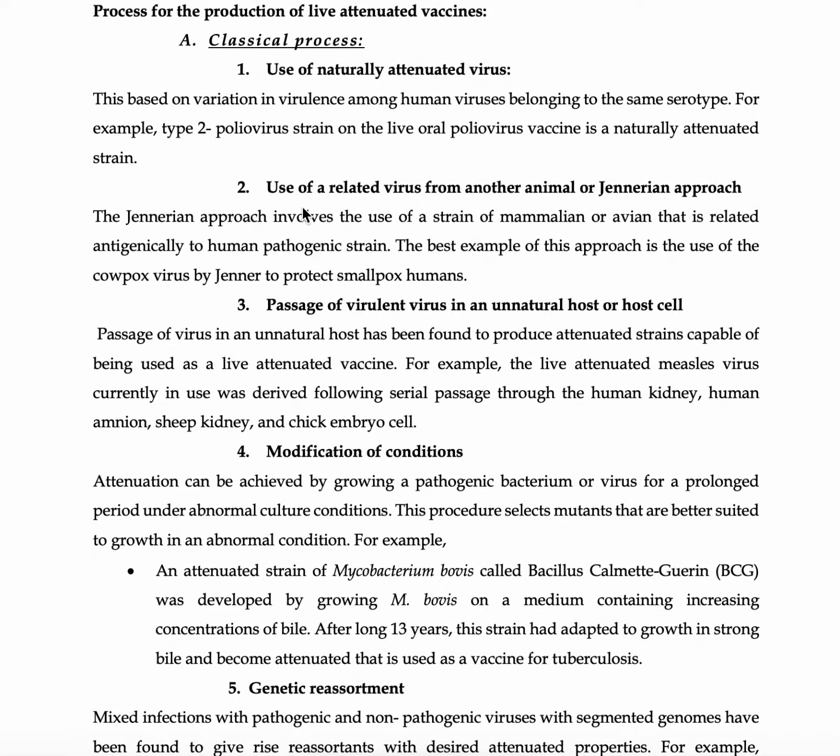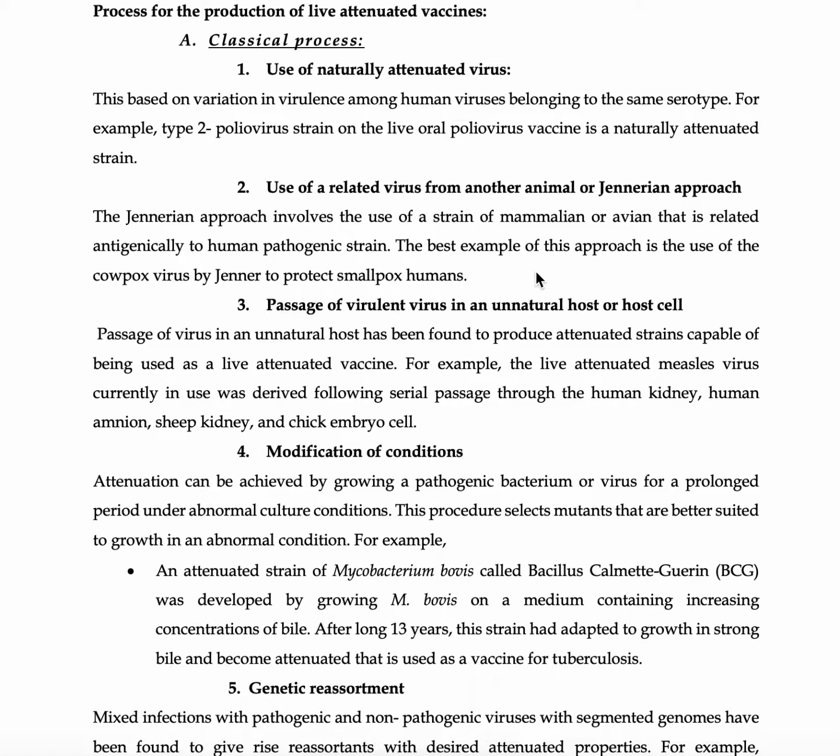Then another approach: the use of a related virus from another animal, or the Jennerian approach. It is called the Jennerian approach because it was introduced by Edward Jenner, and we know he was the first to develop a pox vaccine, right? And what was the approach?